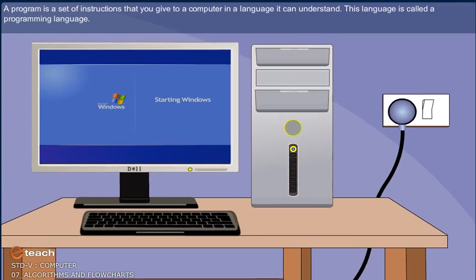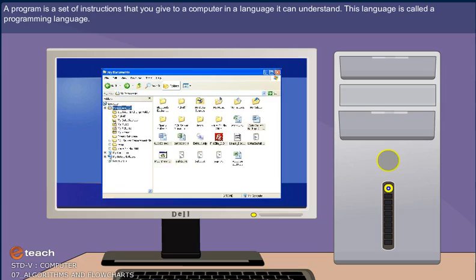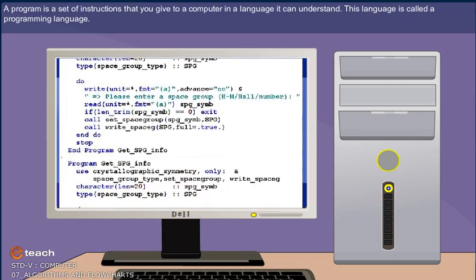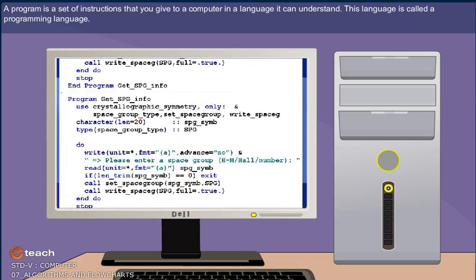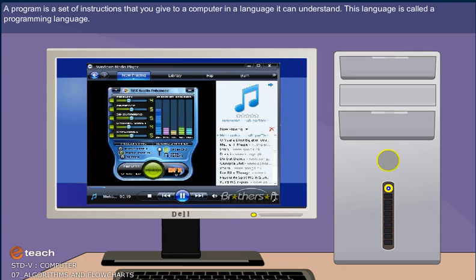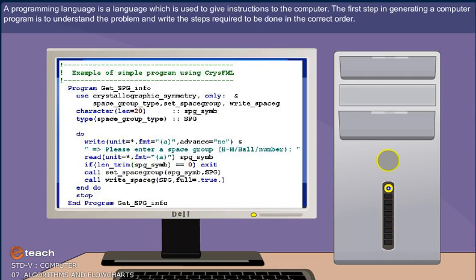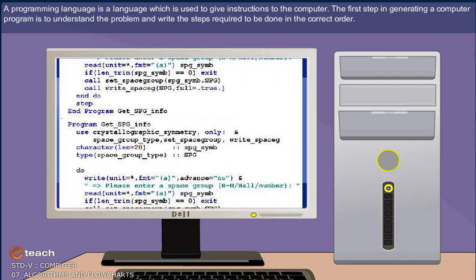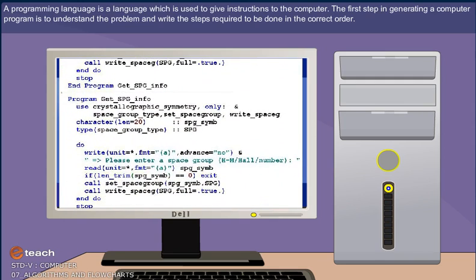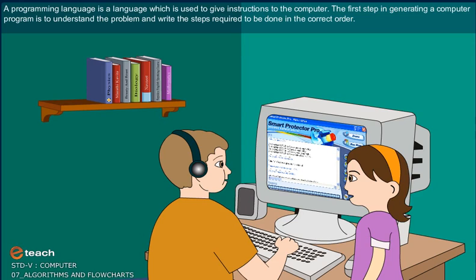A program is a set of instructions that you give to a computer in the language it can understand. This language is called a programming language. A programming language is a language which is used to give instructions to the computer. The first step in generating a computer program is to understand the problem and write the steps required to be done in the correct order.